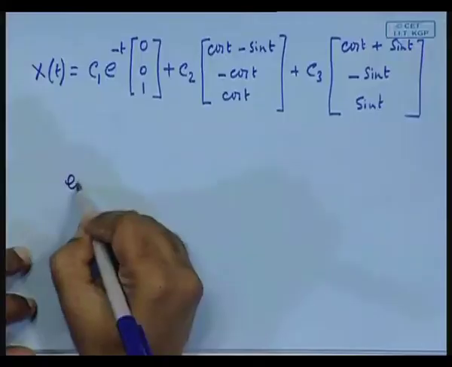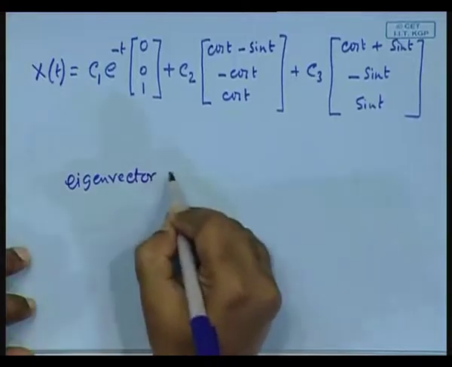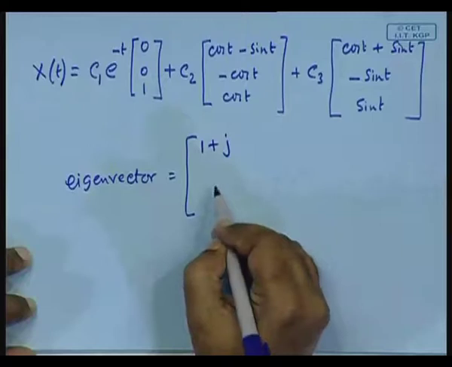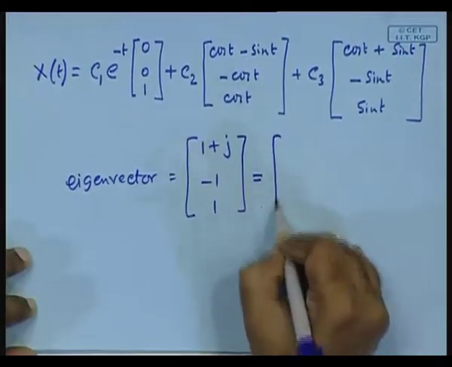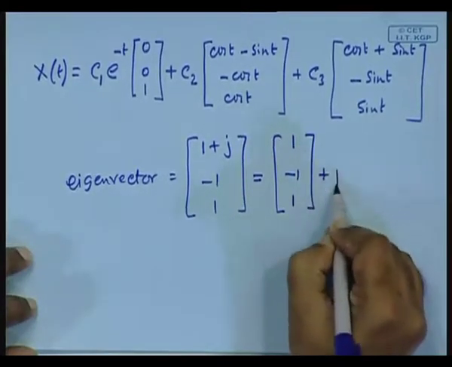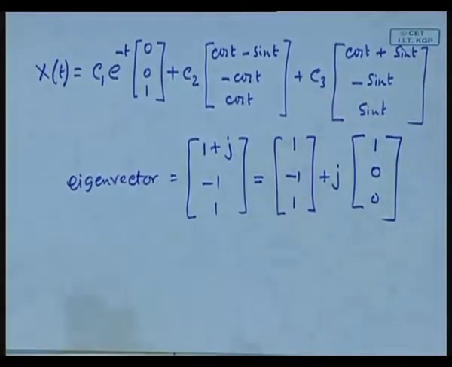So, the eigenvector was 1 plus j minus 1, which is 1 minus 1 plus j 1 0 0. You are right.